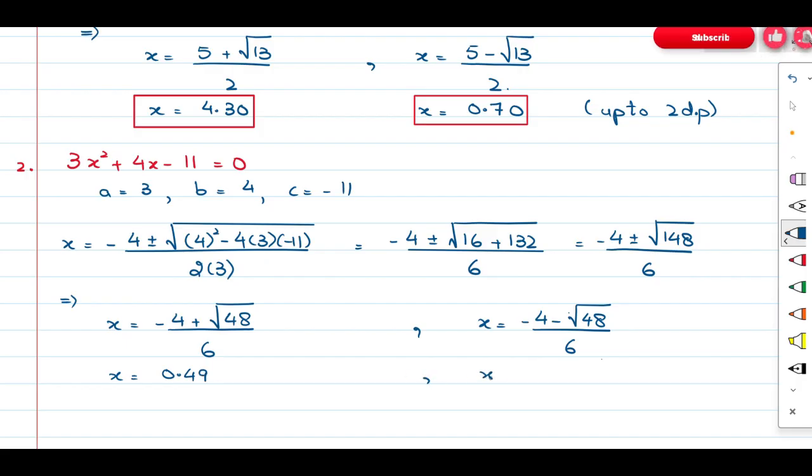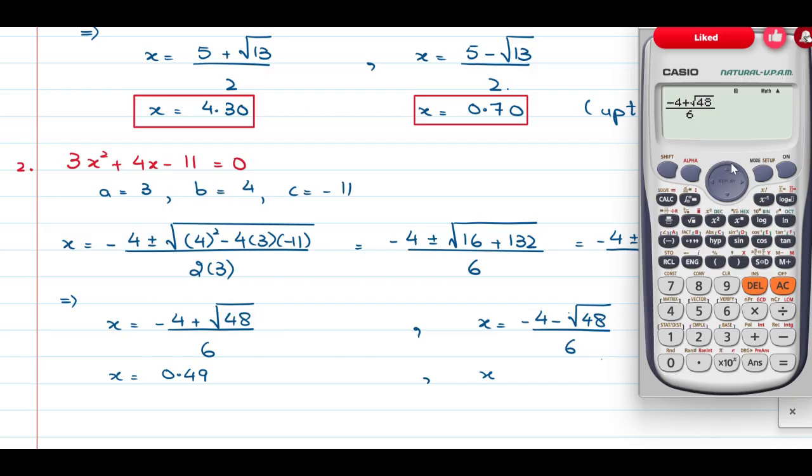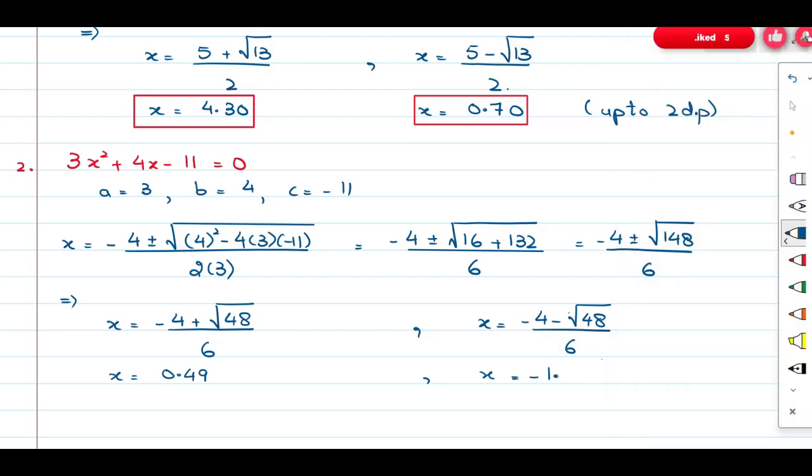And the other one is minus 4 minus root 148 over 6, with a minus sign here. This is minus 1.82. Minus 1.82. Okay, these are the two solutions, up to 2 decimal places again.